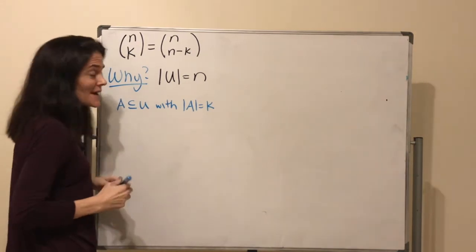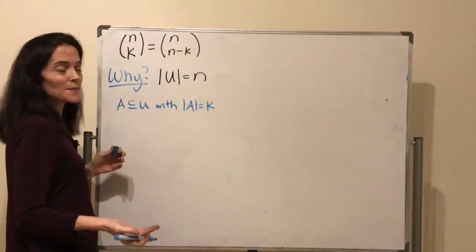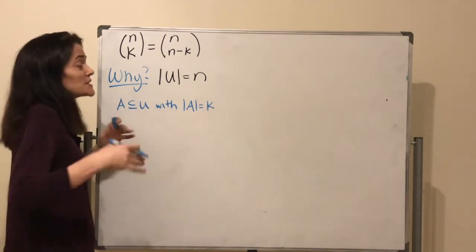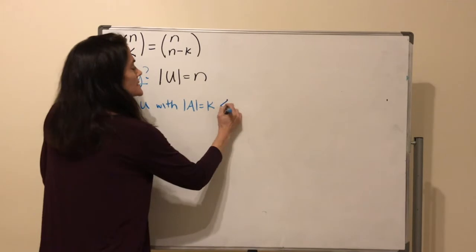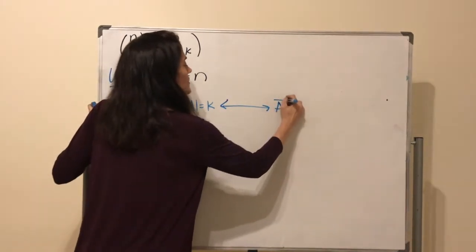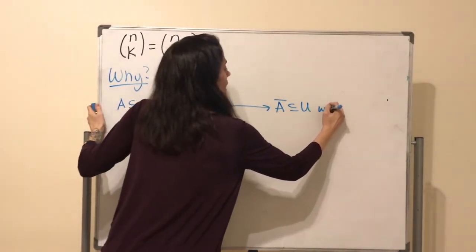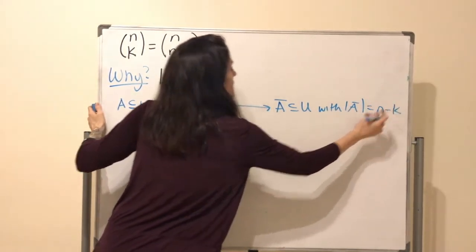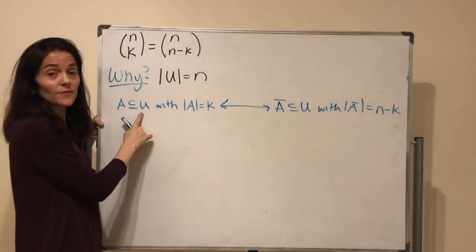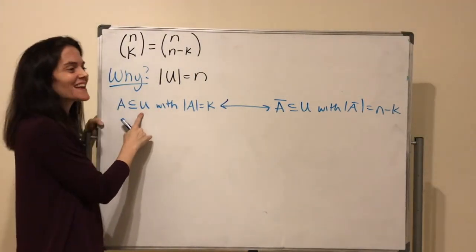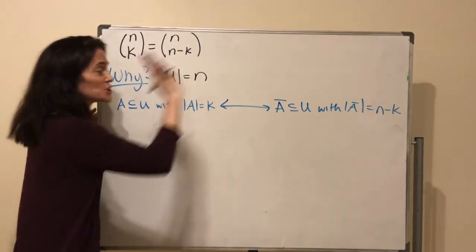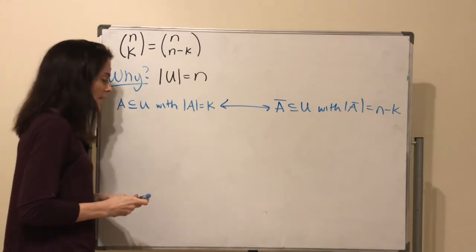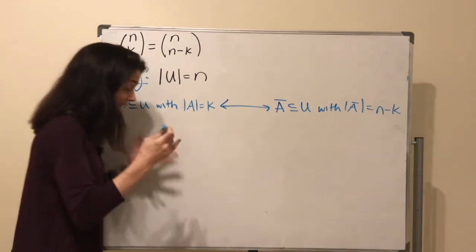This corresponds to, well, what subset has cardinality n minus k? It would just be a complement. This corresponds to a complement, and a complement has cardinality n minus k. And every choice of subset of size k is really equivalent to choosing a subset of n minus k, which is its complement.